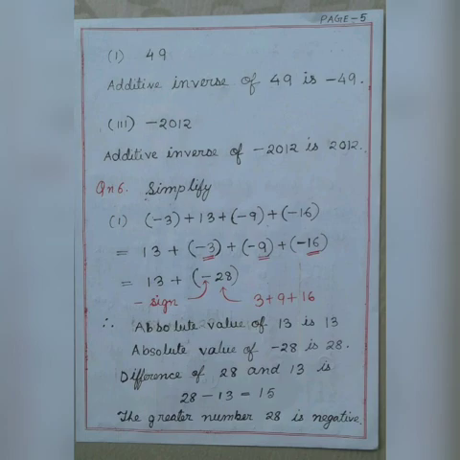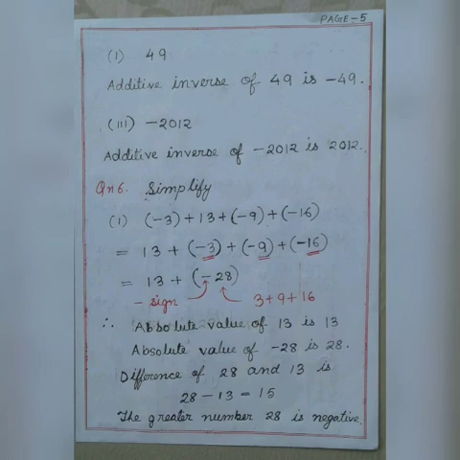Question number 6. Simplify minus 3 plus 13 plus minus 9 plus minus 16. I have shown an example of the same kind in the previous class. So here what we have to do, we have to separate the positive and negative integers. Here we have only one positive integer, that is 13, and the others are all negative integers.